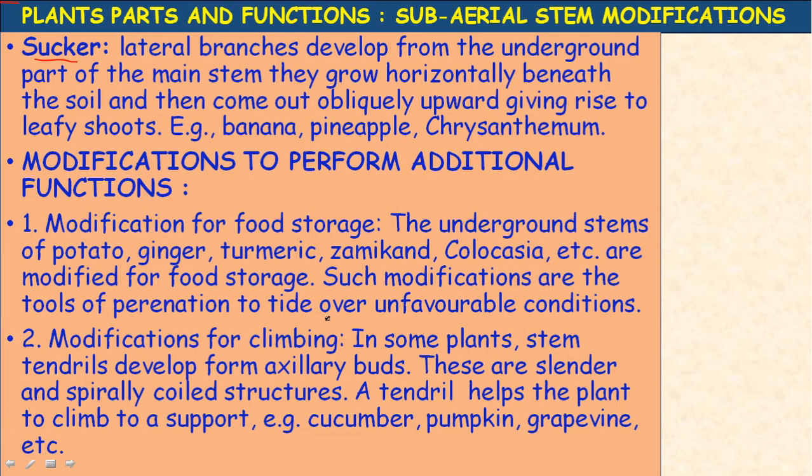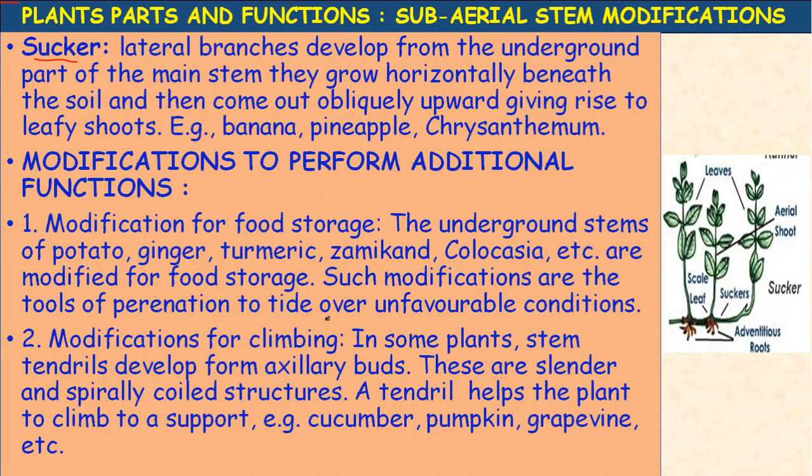The stem modification for climbing. In some plants, stem tendrils develop from axillary buds, and these are slender and spirally coiled structures. A tendril helps the plant to climb a support. Examples: cucumber, pumpkin, grapevine. You can see here an example of sucker, chrysanthemum.